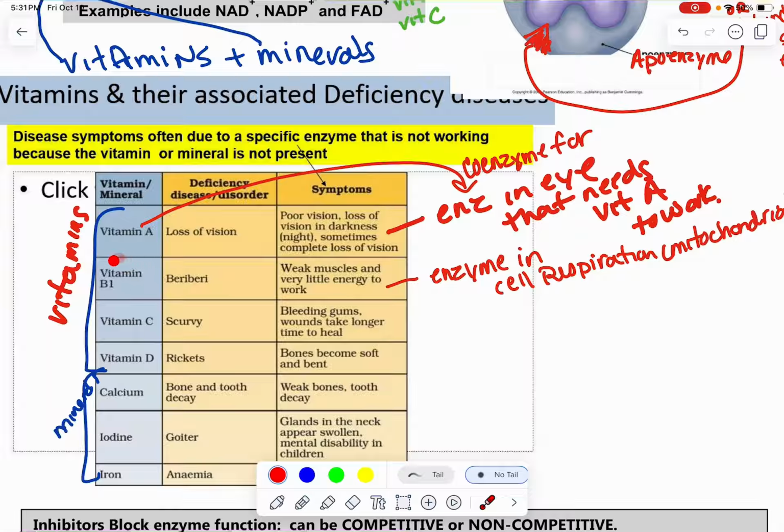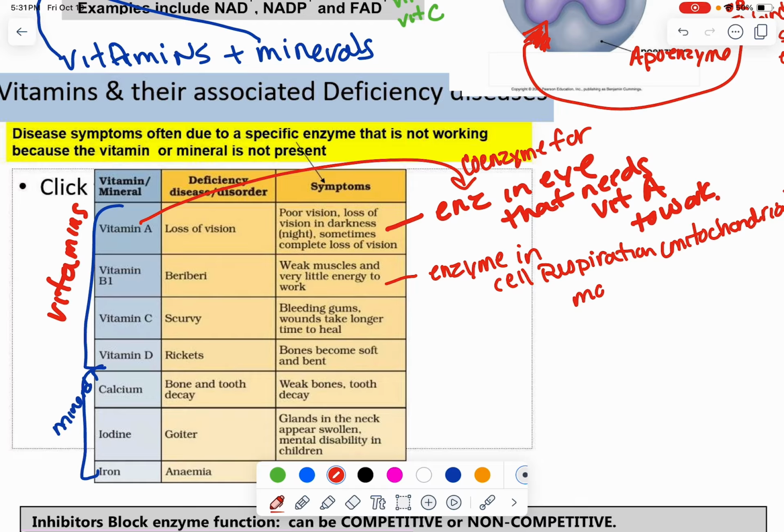Like vitamin B1 is a coenzyme for an enzyme in cell respiration in the mitochondria. And cell respiration in the mitochondria makes energy. So this is what makes energy for cells in the form of ATP.